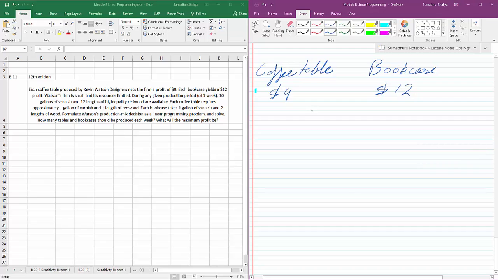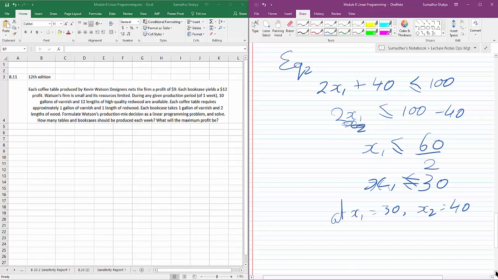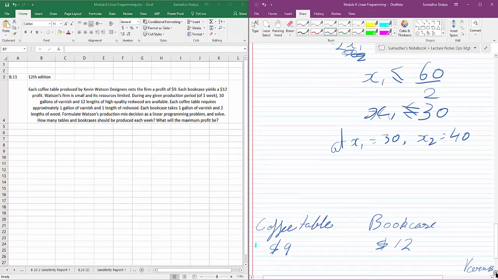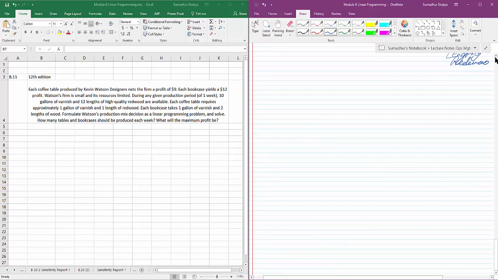It's a small business and resources are limited during any production for a week. 10 gallons of varnish and 12 lengths of quality wood are available. So let's say they have varnish and they have the length of redwood.